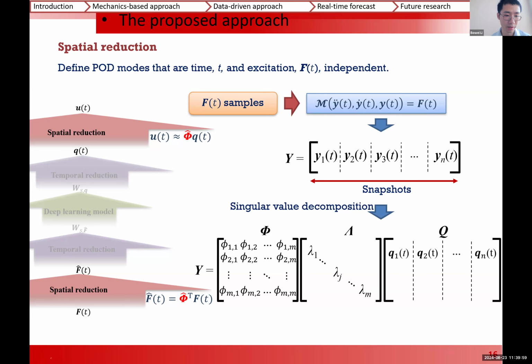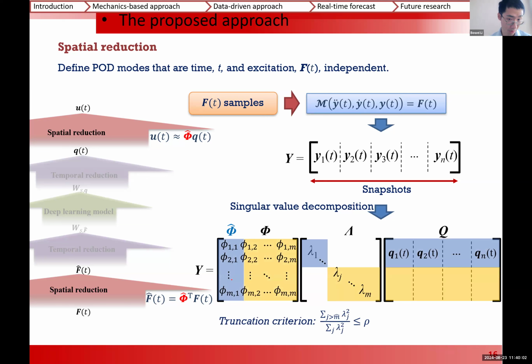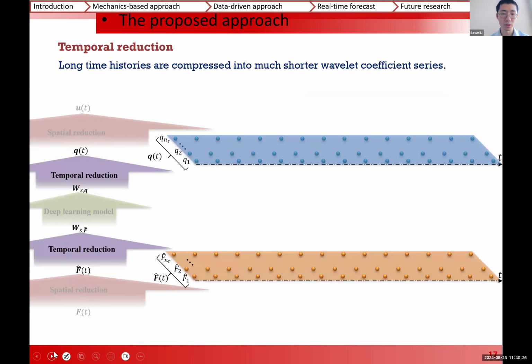Typically it is enough to keep just a few low-order modes to ensure a pretty high transformation and computational accuracy. With phi hat, you can project the inputs and outputs, the excitation and the response, into a lower-dimensional space. Note that both the reduced inputs and outputs are still of the same length as the excitation and response that we have not yet reduced.